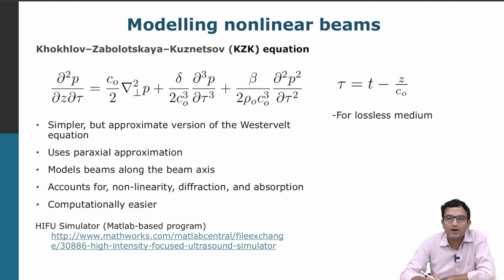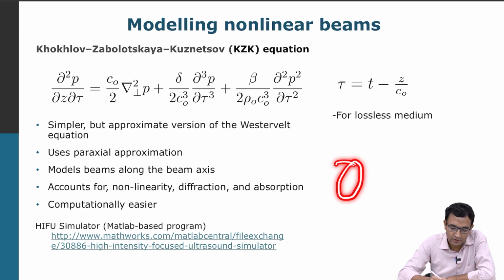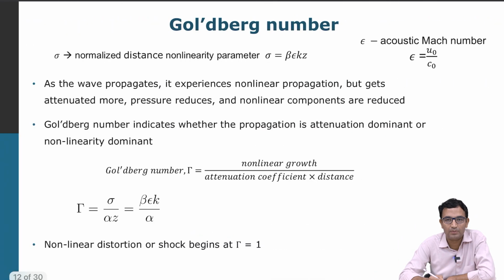It's not very accurate beyond the axis. So for example, if this is the transducer face, then this is your axis. It's most accurate on the axis. But like I said, it's easier to solve. And there is a package called HIFU simulator, HIFU standing for high intensity focused ultrasound, which is a MATLAB based program. You can download it, it's freely available, and you can use it to simulate these kinds of nonlinear beams.